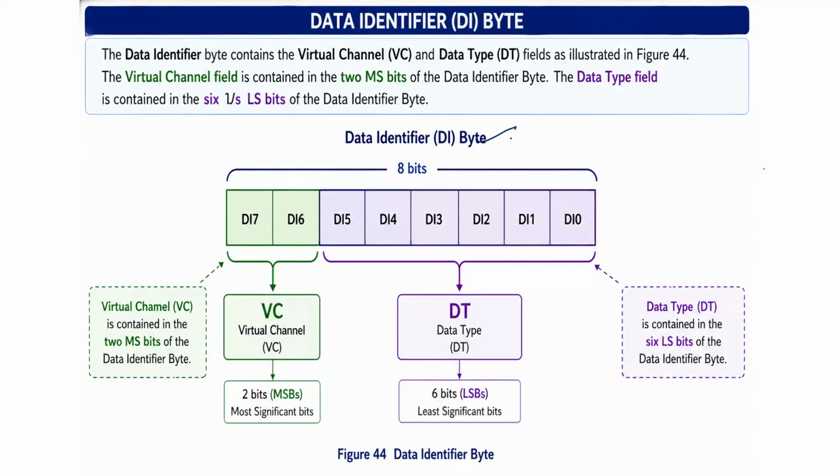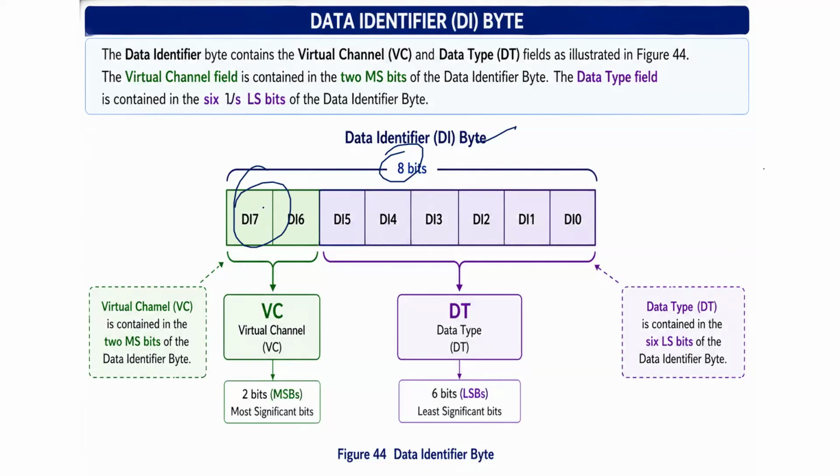This data identifier is 8-bit data. Of these 8 bits, 6 bits are used for the data identifier and 2 bits are used for virtual channels. I told you about this virtual channel, right? What is the use of the virtual channel?